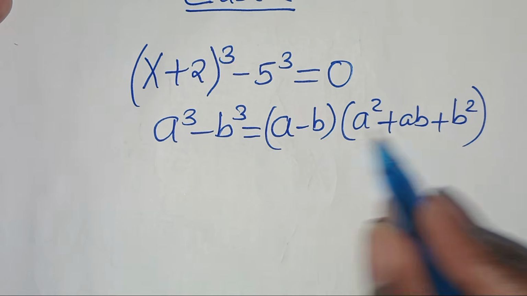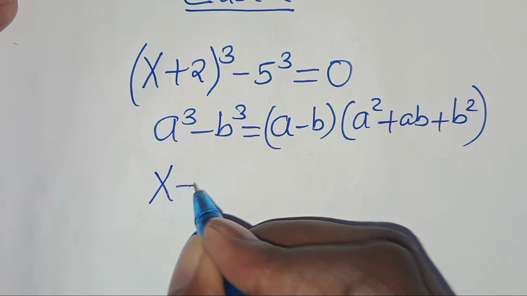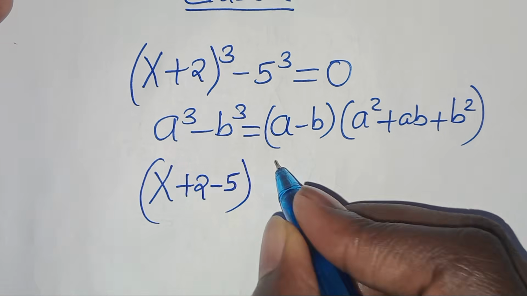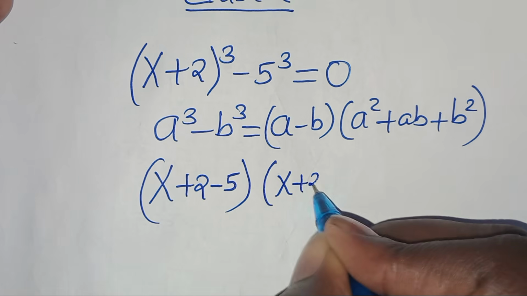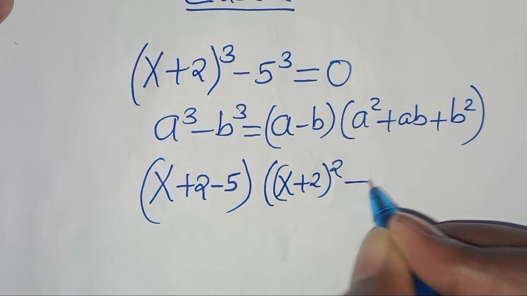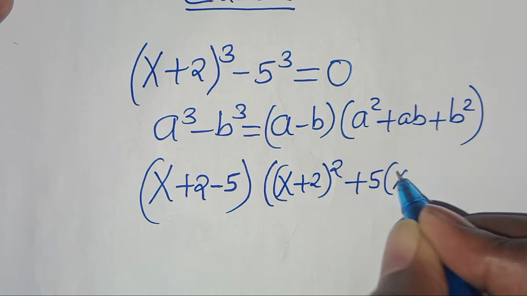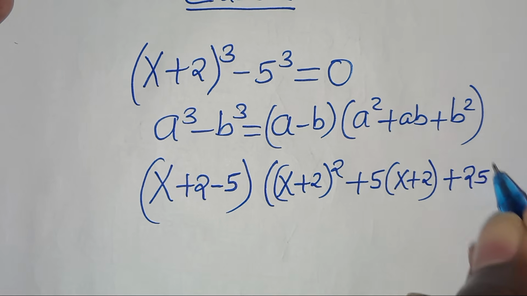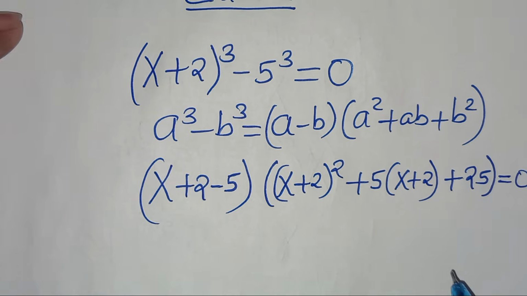Now, applying this identity, we have x plus 2 minus 5, then we have x plus 2 raised to the power of 2, then plus 5 multiplied by x plus 2, then plus 5 to the power of 2, this is 25, and this is equal to 0.